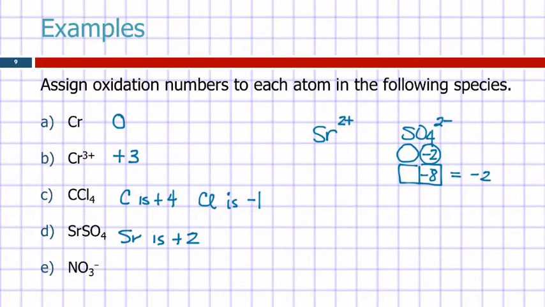Well, what minus 8 equals negative 2? Plus 6. And there is absolutely no shame in using your calculator for something like that. The goal here is to get the answer right, not to be good at mental math. Well, again, I only have 1 sulfur, and I need a plus 6 oxidation number from all the sulfurs in this molecule. There's only 1, so it's got to be plus 6.